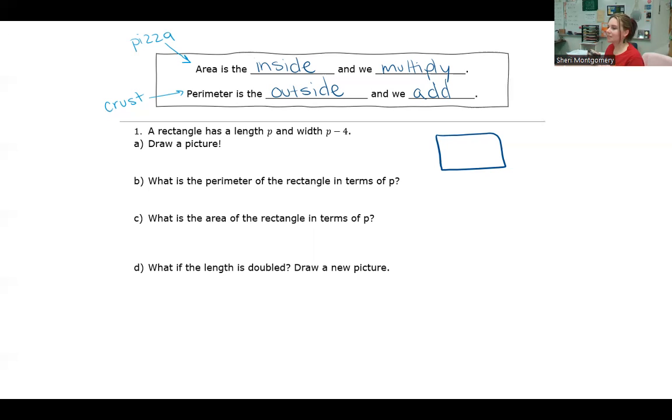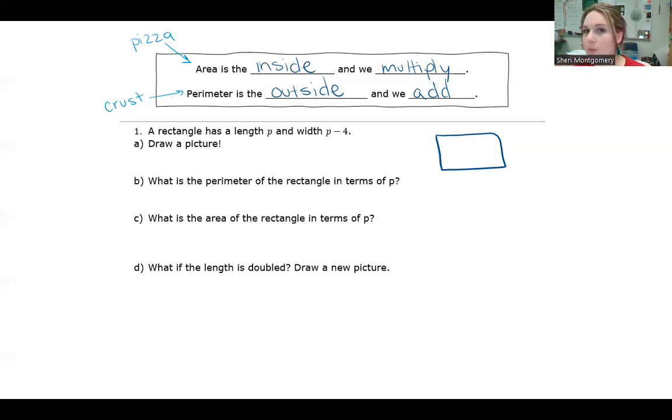The truth is, it doesn't matter. You pick one of them to be a width and you pick one of them to be a length. It's not like the longer one has to be a length. You pick one of them to be a length and one of them to be a width. That's it.